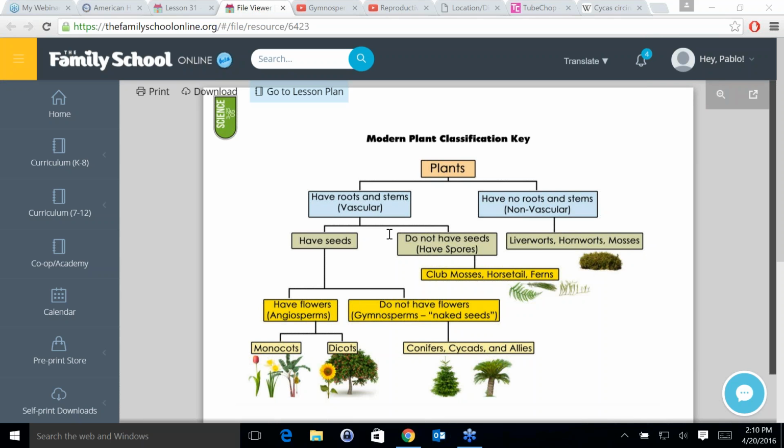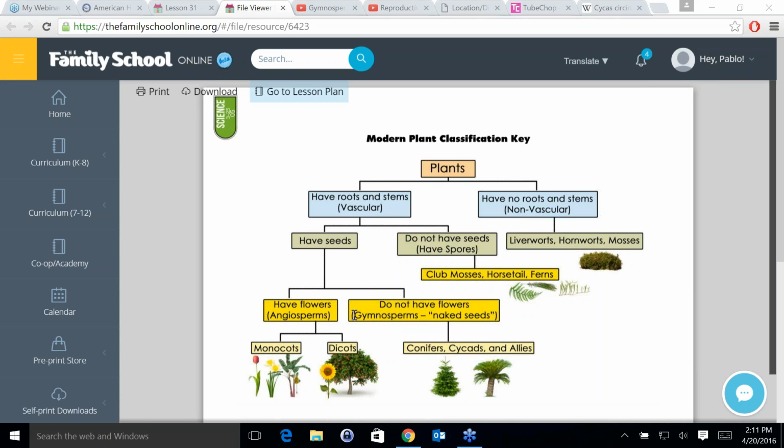So last time we were talking about the vascular plants, and the plants that reproduce through spores, and we were looking at the ferns. Now we are going to look at the plants that have seeds, and of those we have two large groups, the angiosperms and the gymnosperms.